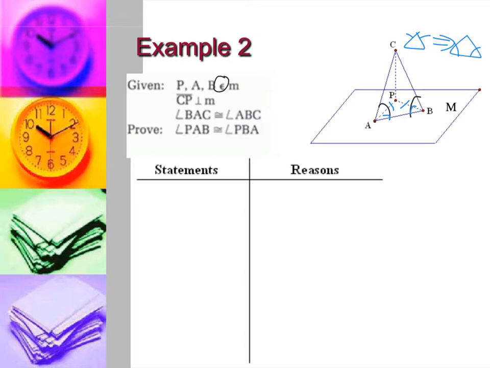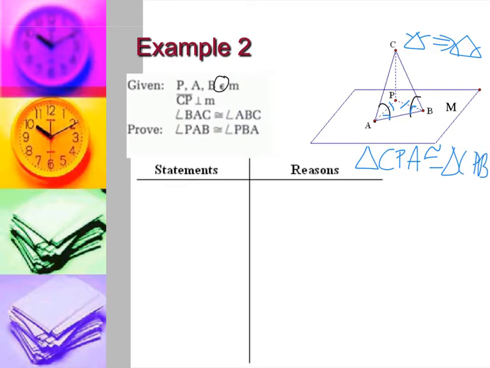So I've got a couple options of how I'm going to get there. If I want to get PA congruent to PB, I'll get it by CPCTC if I prove those two triangles congruent. So one of my first goals is to get triangle CPA congruent to triangle CPB.